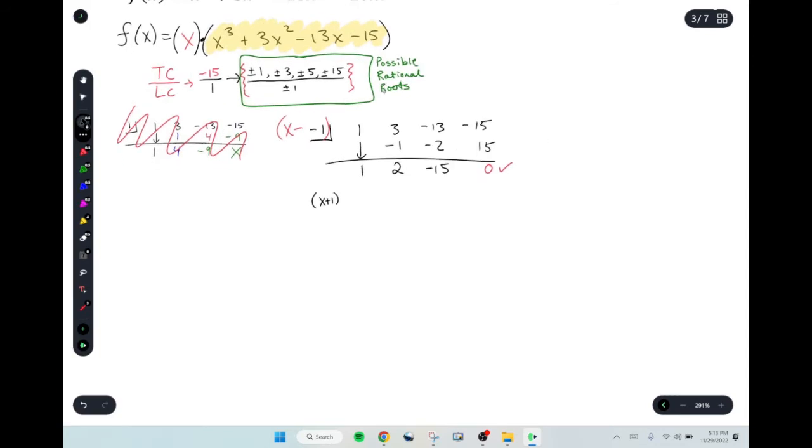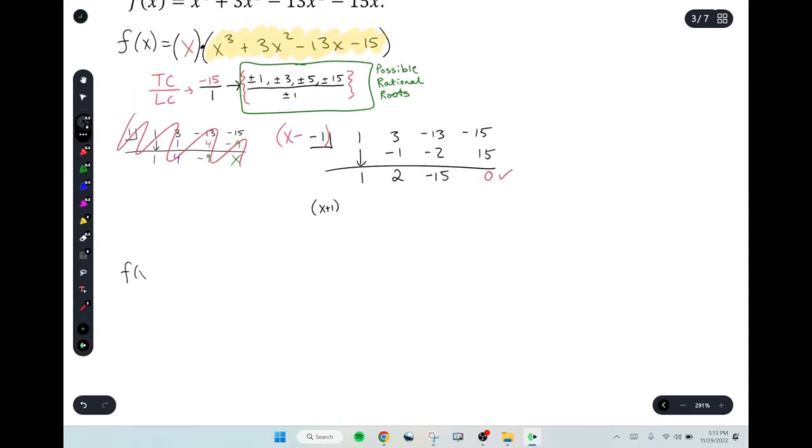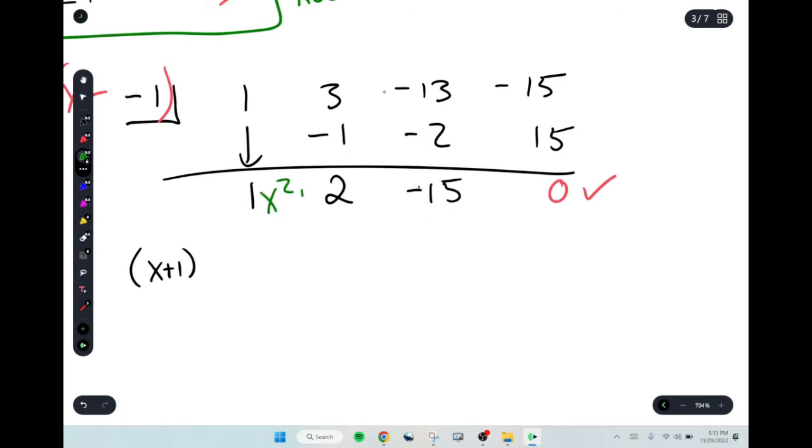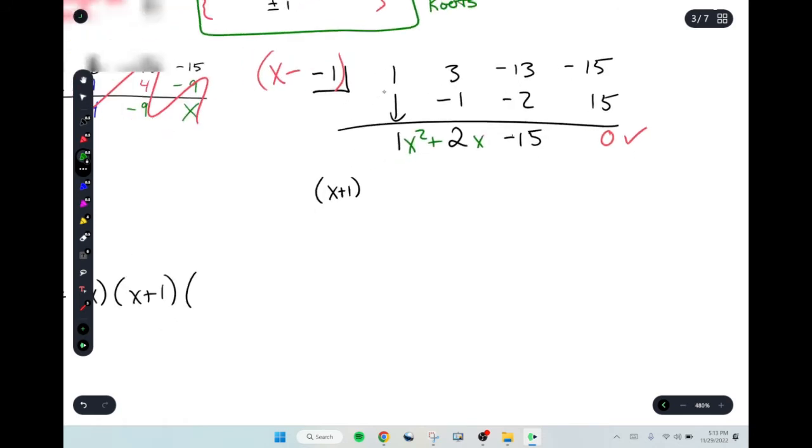Okay, so now what we've got is f of x equals x times x plus 1 times whatever we go back here and fill in. X squared plus 2x minus 15.